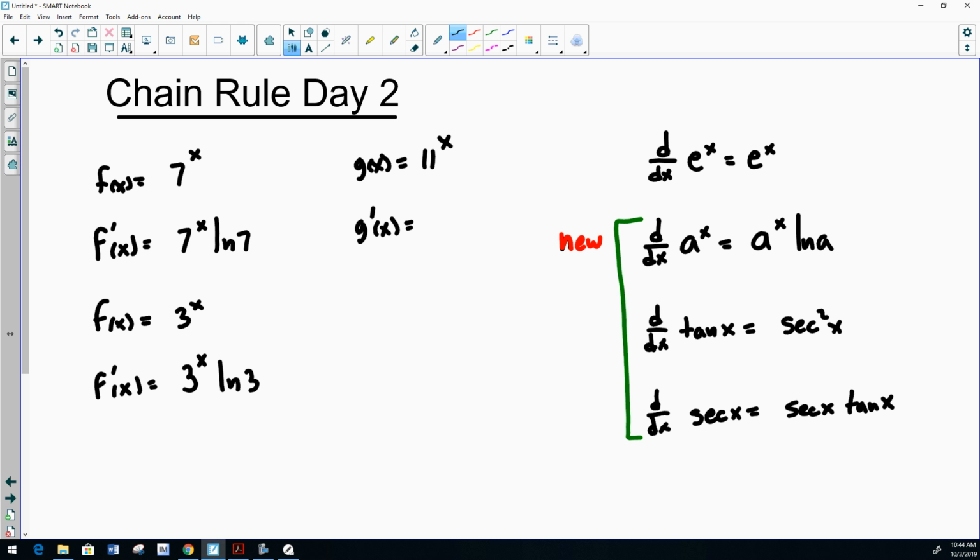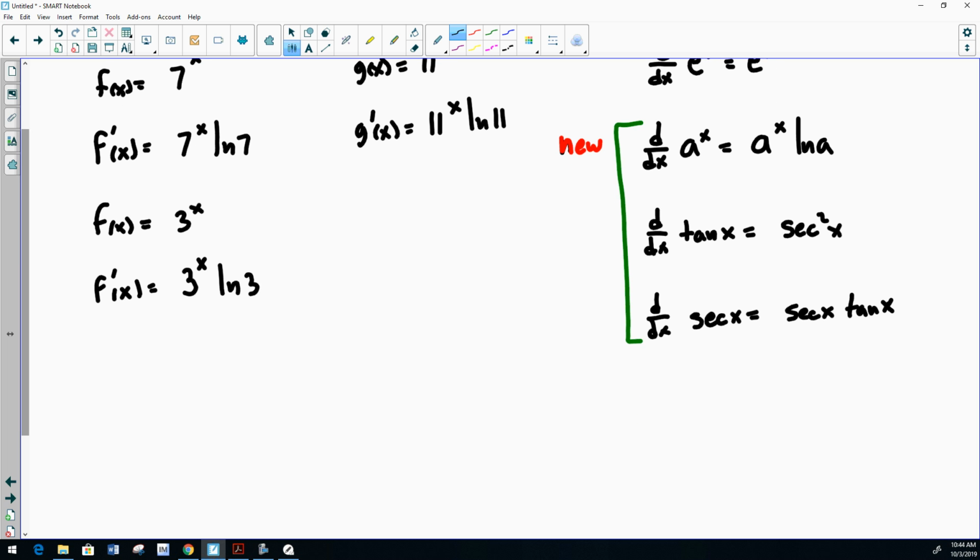H of x equals 4 to the x squared. Find h prime of x. Give it your best shot. It should only take about 15 seconds.